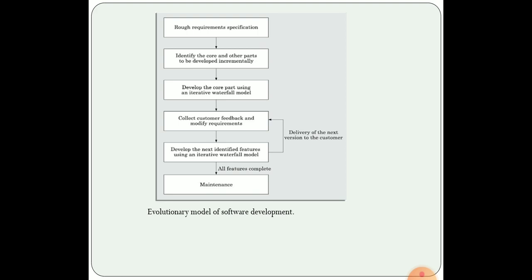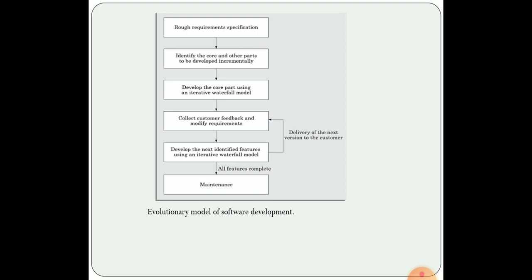Requirement specification forms the basis for all the development process, but requirements gathering and analysis should not be done in a single step. It is the foremost process in all development life cycles, but the requirement specification should not be carried out in a single step. So this forms the advantage of the evolutionary model.